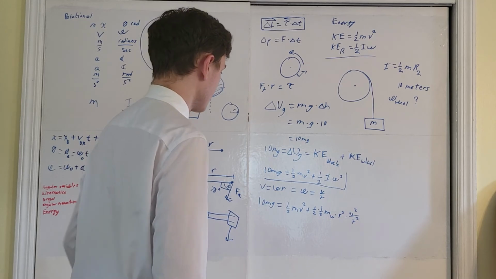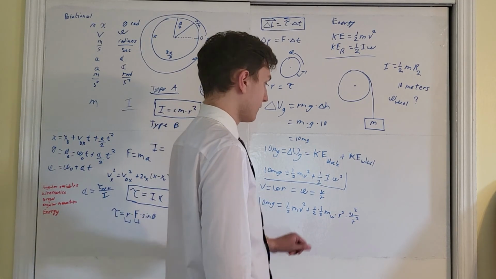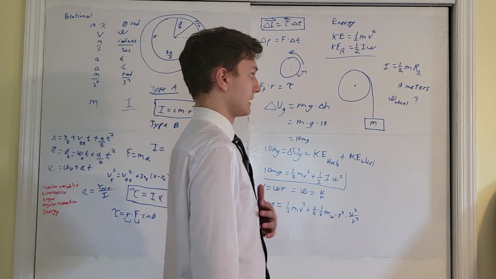Okay? So now I only have one unknown, and that's linear velocity squared.